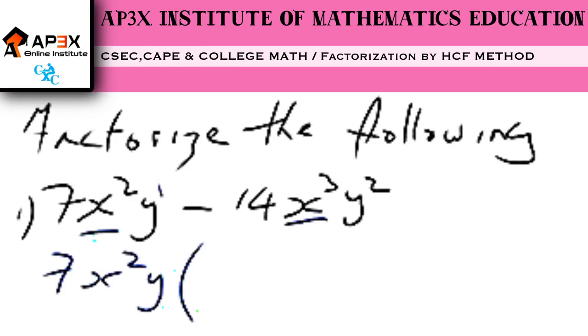So we have 3 ones, which means that is 1 multiplied by 1 multiplied by 1, which in this case here is 1.